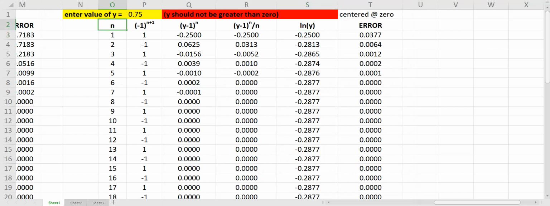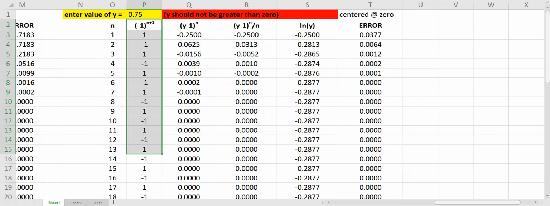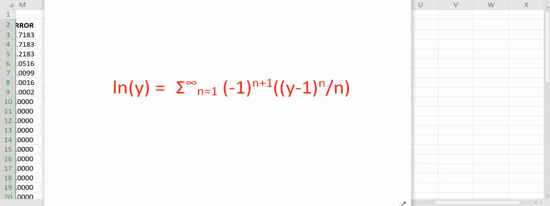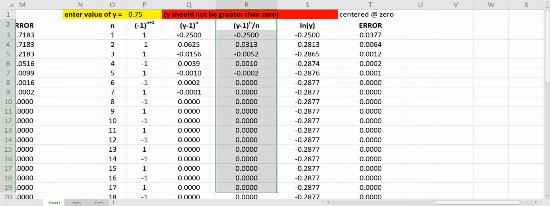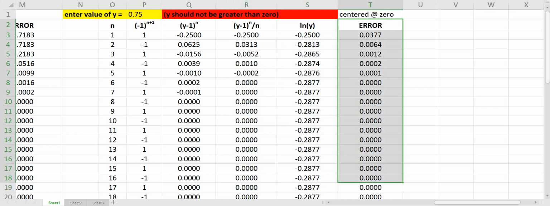Here are the values of n in the first column, and the values of negative 1 raised to n plus 1 in the second column. The values of y minus 1 raised to n all over n are in the fourth column, the values of the approximation in the fifth column, and the values of the error in the sixth column.